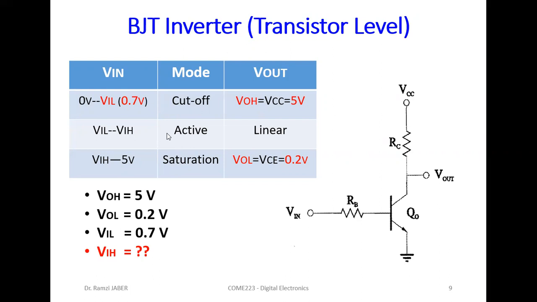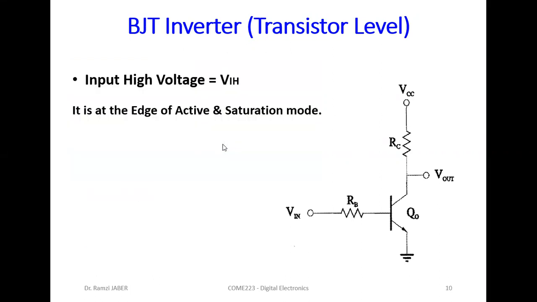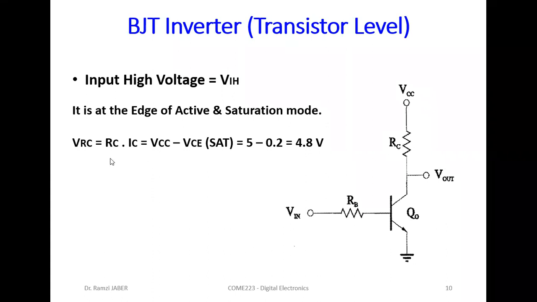So the input high will be equal here and here at the same time. So we can use the equation for saturation mode and the equation for active mode. In saturation mode, the output equals 0.2 volt. So VCC, 5 volt, equals the voltage on RC, which equals RC times IC, as voltage equals RI, the basic equation.